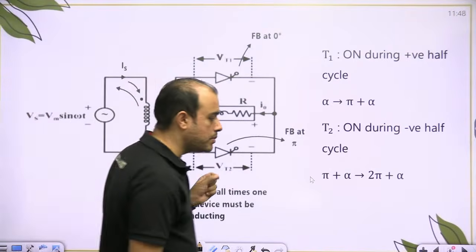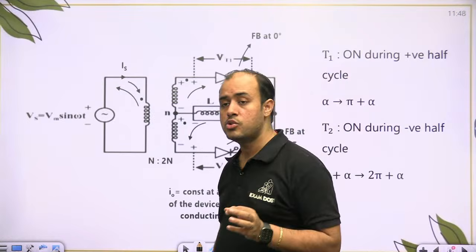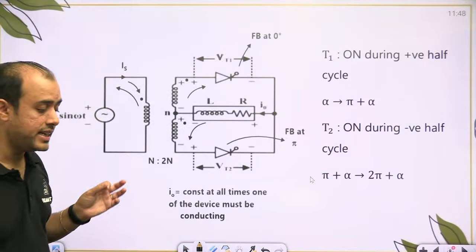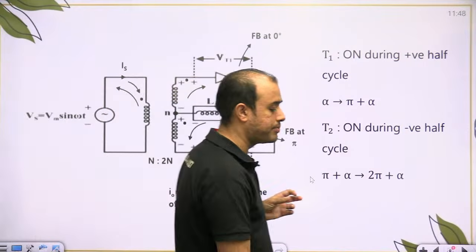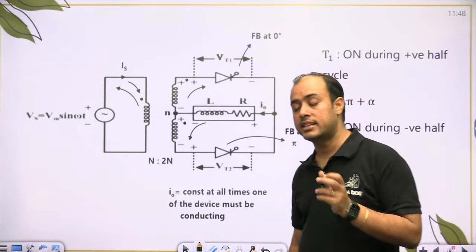Now, one thing you must always remember, beta, whenever the question says load is highly inductive, it means load demands a constant current.